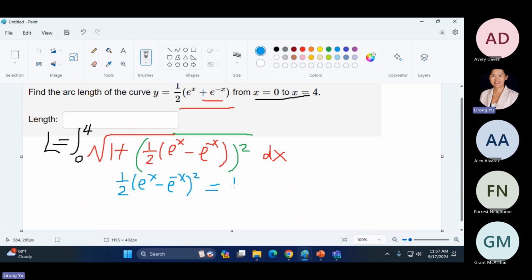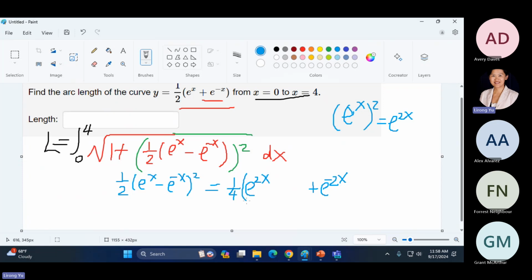If you square this, you get 1/4. Right, and then it's a perfect square, so we square every term. e to the x squared is e to the 2x. Basically, e to the x, if you square it, equals e to the 2x, multiply the exponent. And the same thing for the other one, you will have plus e to the negative 2x. So e to the negative x squared is e to the negative 2x.